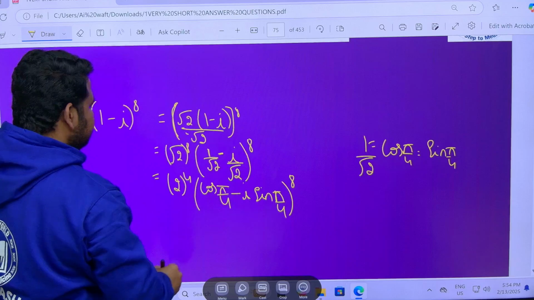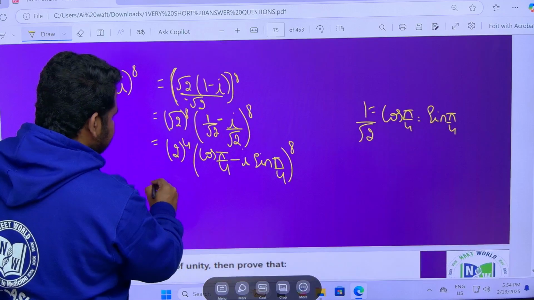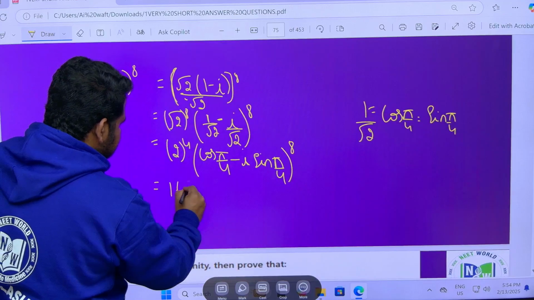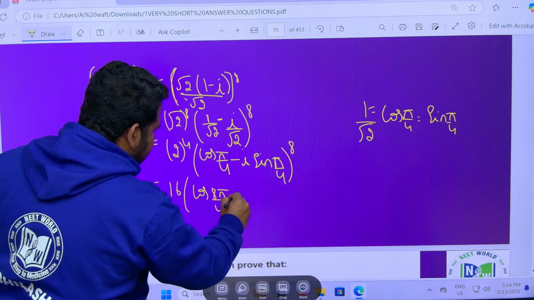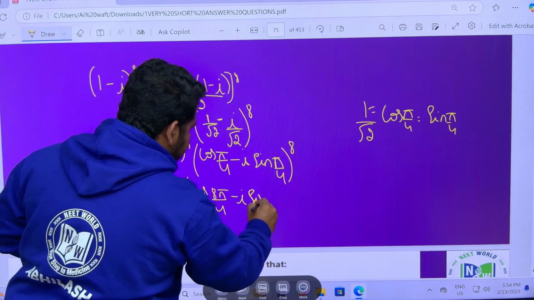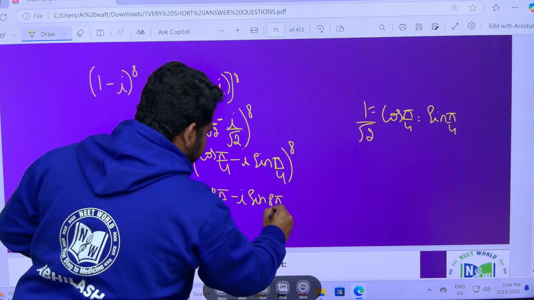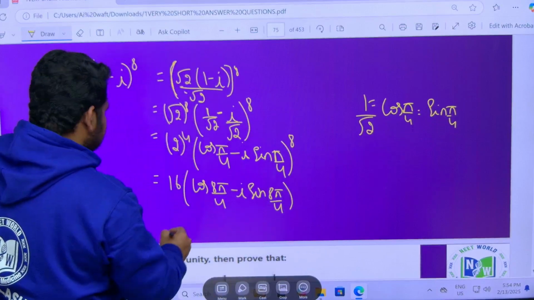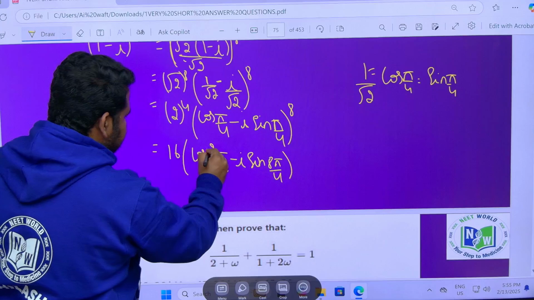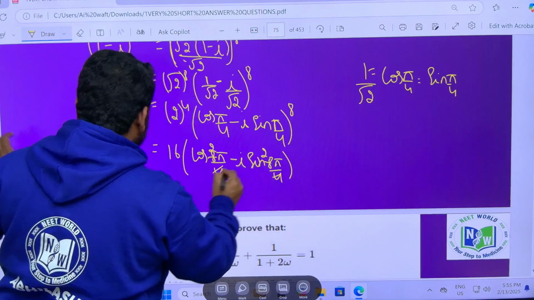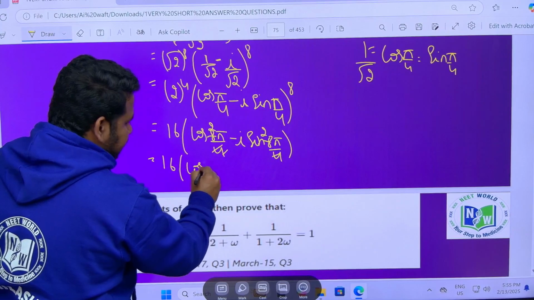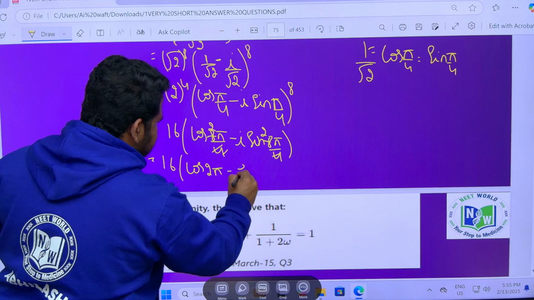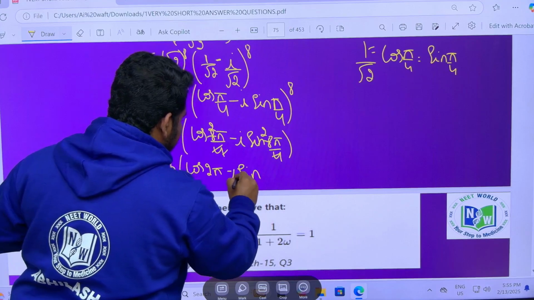Now using De-Moivre's theorem, if I bring it inside, this will become 2 power 4, which is 16, into cos 8 pi by 4 minus i into sine 8 pi by 4. Got it? Now 4 ones are 4, 4 twos are 8, so this will become 16 into cos 2 pi minus i sine 2 pi.